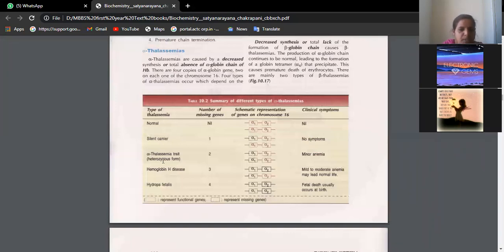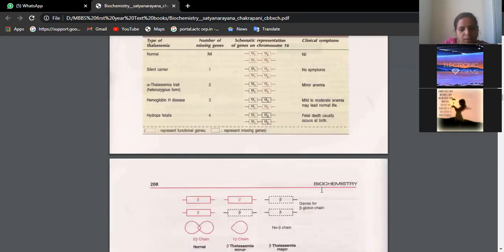If two genes are missing, you call it alpha thalassemia trait with minor anemia. If three genes are missing, you call it hemoglobin H disease, with mild to moderate anemia, and of course, the person can lead a normal life. If four genes are missing, this is hydrops fetalis, which leads to fetal death, usually immediately after birth.